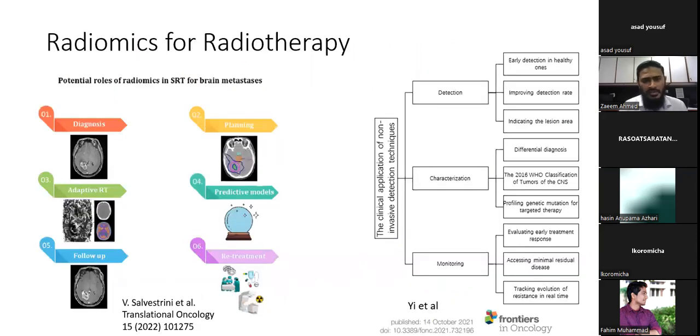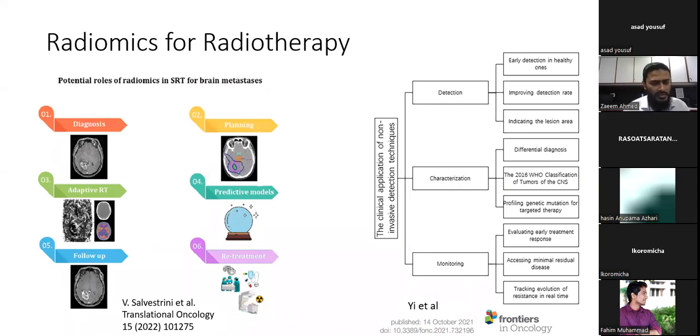Okay, so how is radiomics giving an edge in radiation oncology? Here a few stages are mentioned. In the stage of diagnosis, radiomics is performing very well.